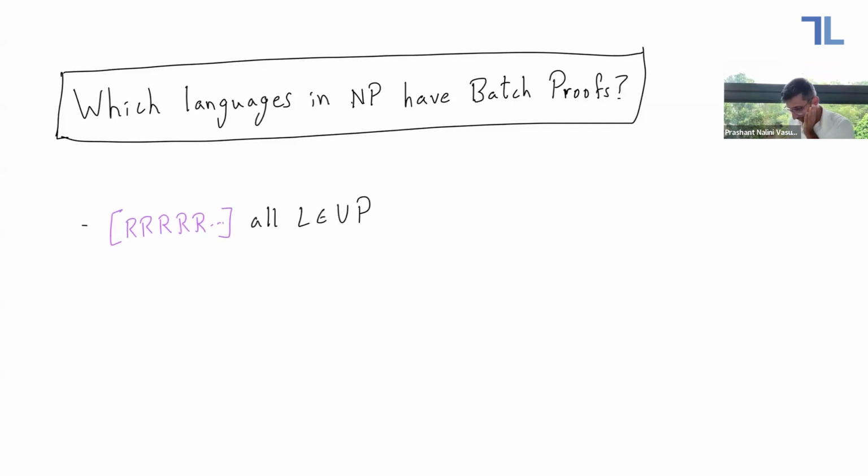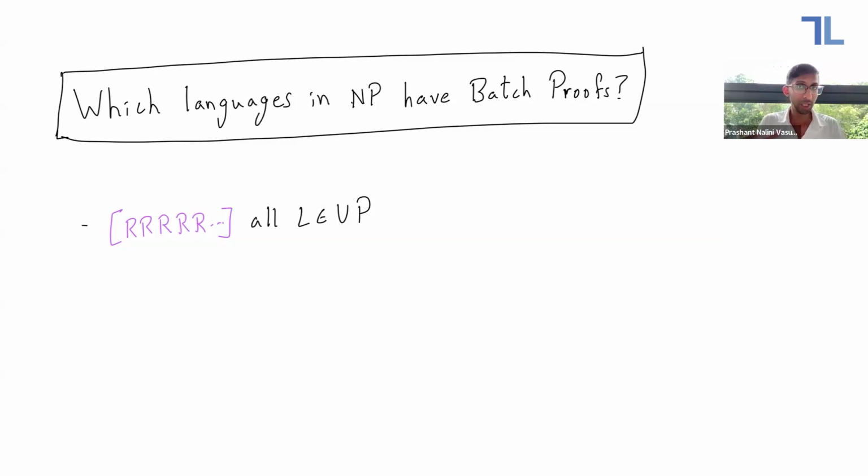Meaningful, non-trivial answers to this question only started coming out in the past decade, when there was this line of work by Reingold, Rothblum, and Rothblum, who showed over 2 or 3 papers that any language in NP that has an unambiguous NP relation, meaning that there is some NP relation for this language for which there are unique witnesses.